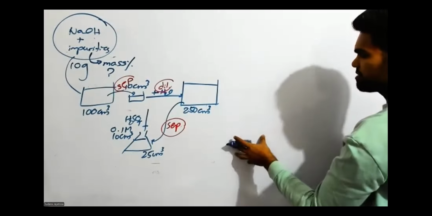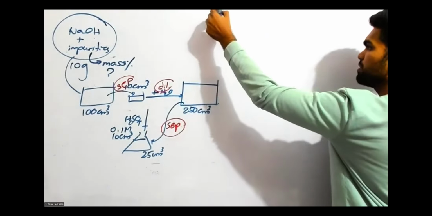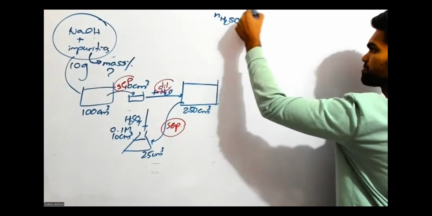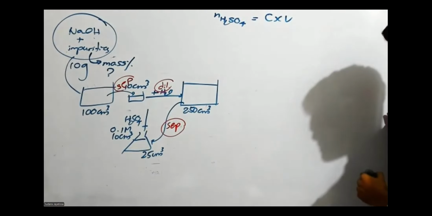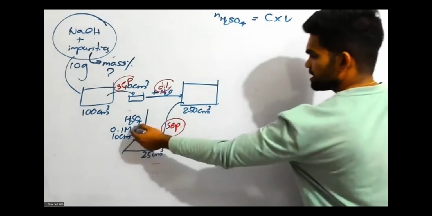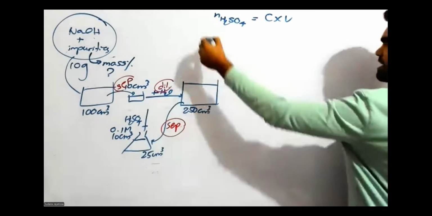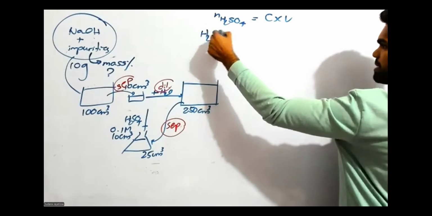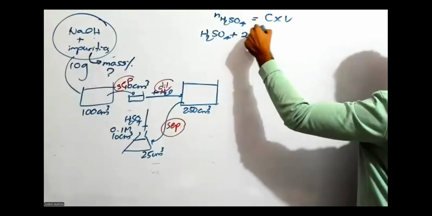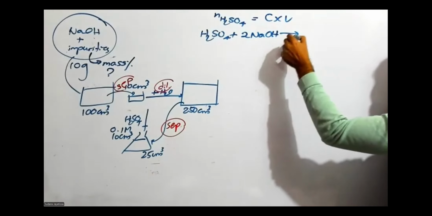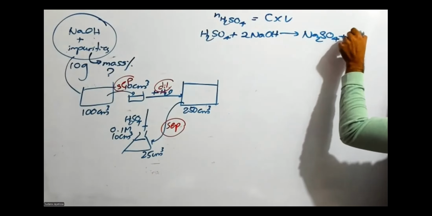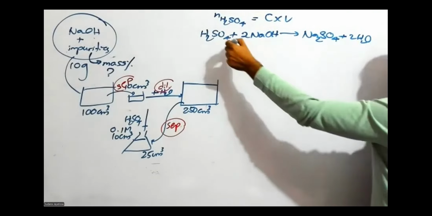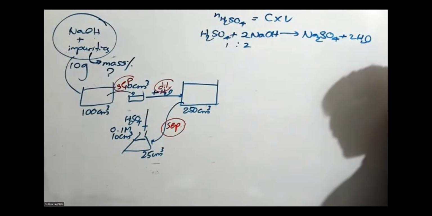First of all, I'll show you the sketching. First, find the moles of H2SO4 by multiplying concentration and volume. Concentration and volume are given here. Then write the balanced chemical equation between sodium hydroxide and sulfuric acid. Na2SO4 and 2 water are formed, so they are reacting in a 1:2 ratio.